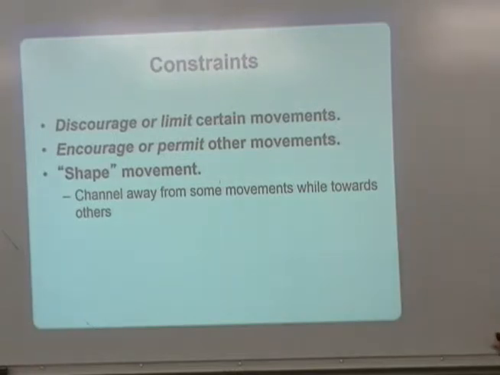And so the constraints will work together and interact to kind of channel an individual or a particular movement pattern away from one type of pattern and towards another type of pattern that's going to more easily emerge.